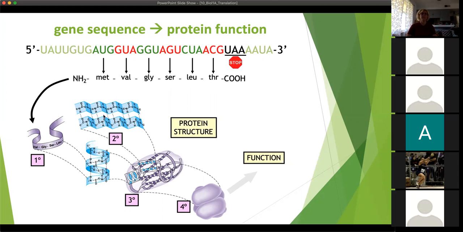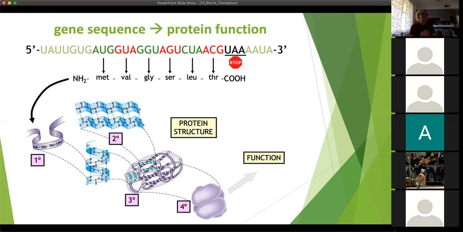There's our protein. It will form these hydrogen bonds between amino and carboxy termini, either a beta sheet or an alpha helix. And eventually that secondary structure of alpha helix, beta sheet will fold in on itself even more, and we may get things like ionic bonds between the R groups.